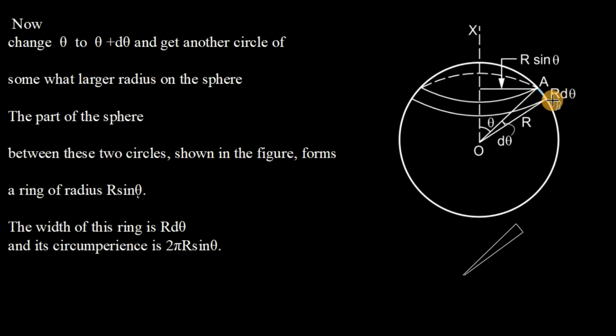Correct? So if we rotate this point B around this OX, a ring will be produced. The thickness of the ring is r d theta and radius of this ring is R sin theta and circumference of this ring is 2 pi r sin theta.